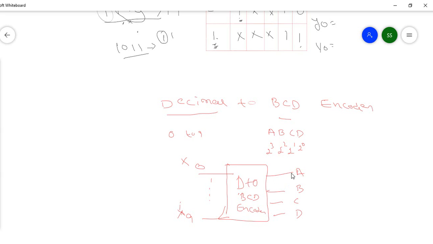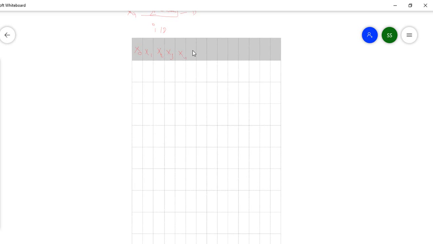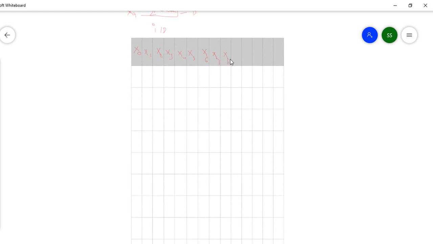Now what may be our truth table and how does it look? Actually in the truth table, we have to give input 0 to 9, and according to that we have to get the BCD output. In this condition we will go with the input portion first. We can take x0, x1, x2, x3, x4, x5, x6, x7, x8, x9.